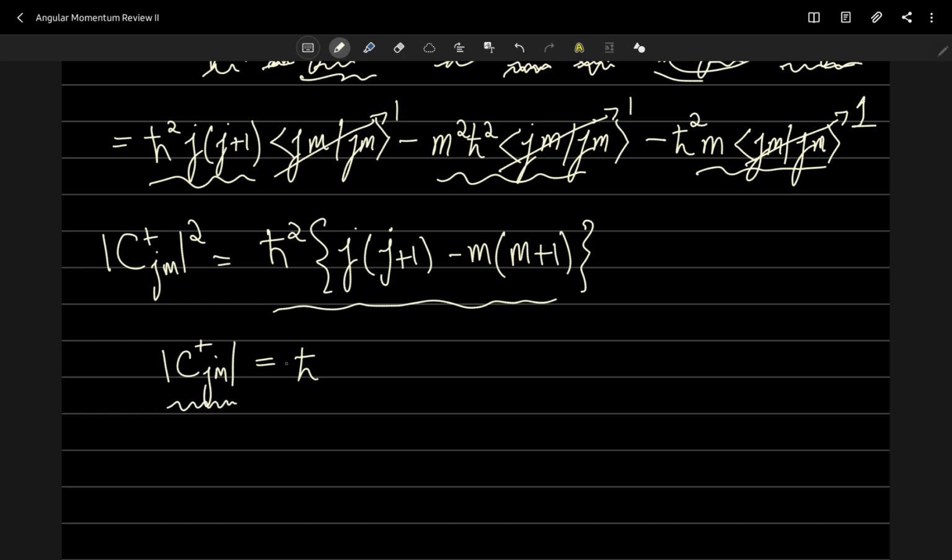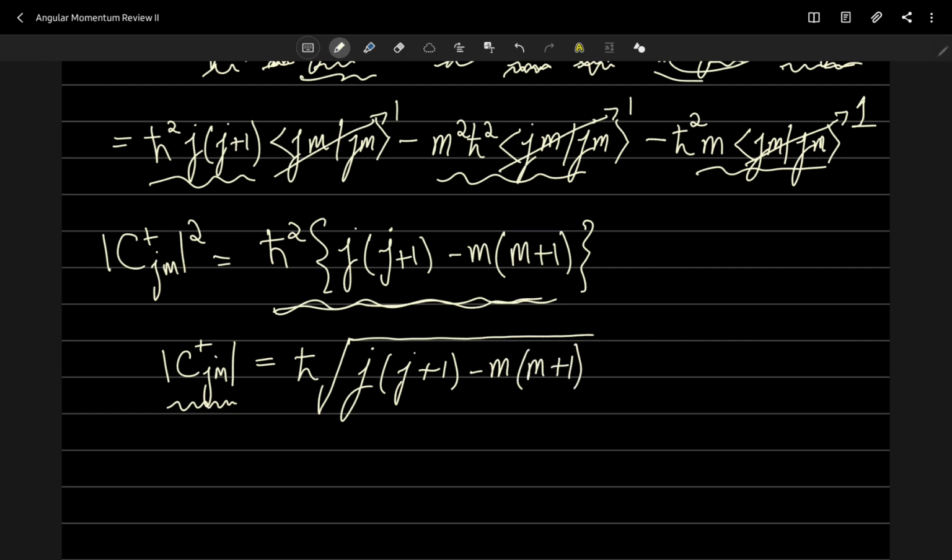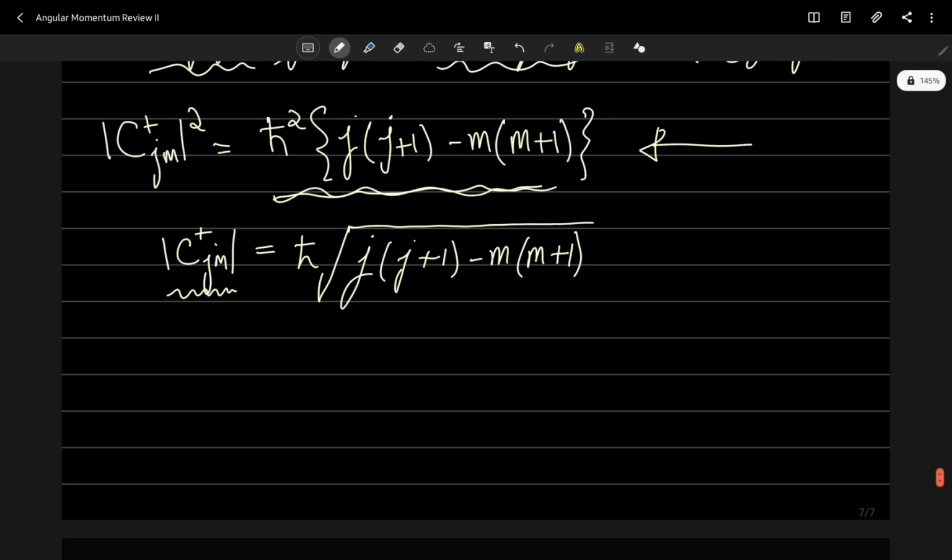That's why I did not include negative h bar when I took the square root of this expression over here, right? And then I would have square root of j into j plus 1 minus m into m plus 1 from this expression, right? So that's my C plus jm.